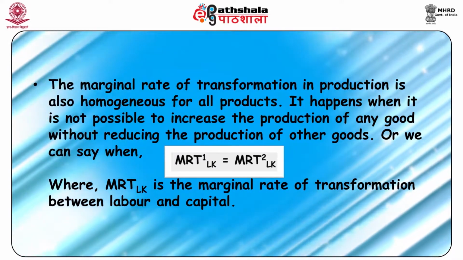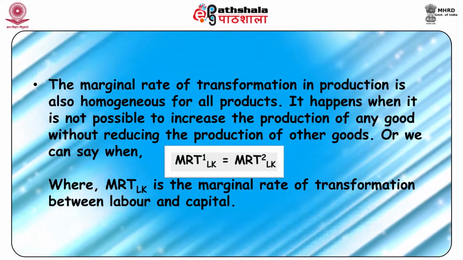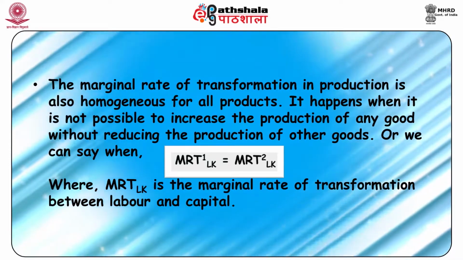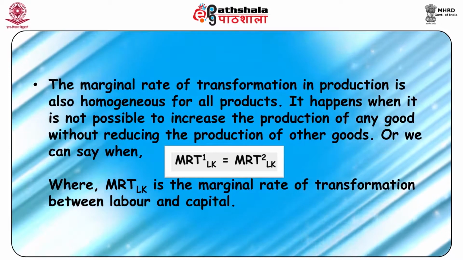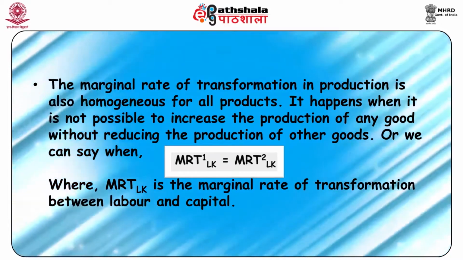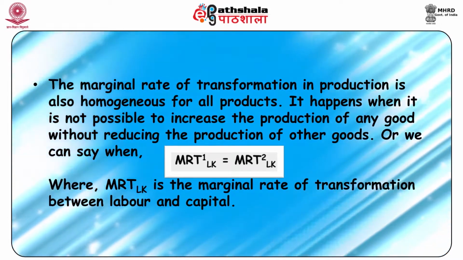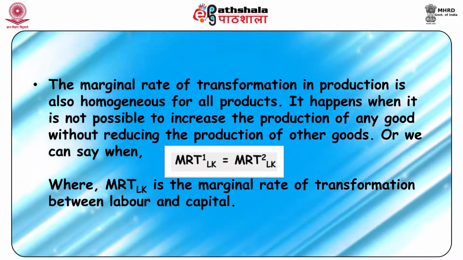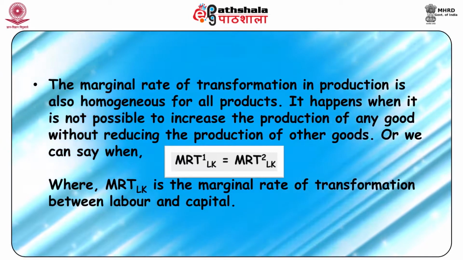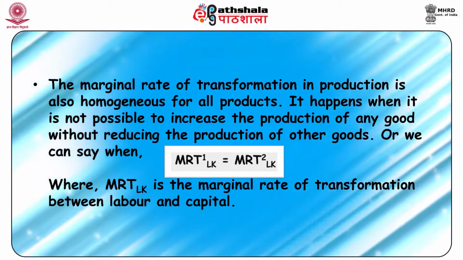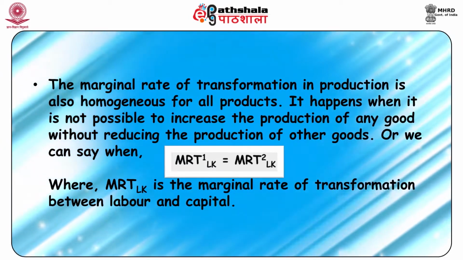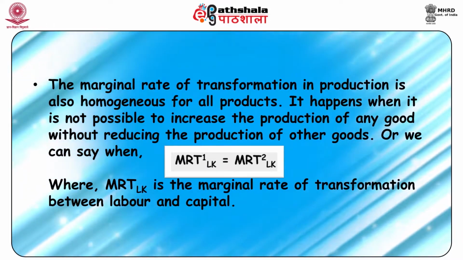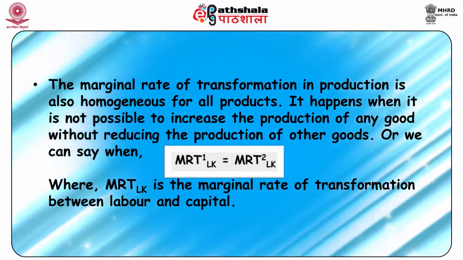It happens when it is not possible to increase the production of any good without reducing the production of other goods. Or we can say when MRT LK1 is equal to MRT LK2, where MRT LK is the marginal rate of transformation between labor and capital.